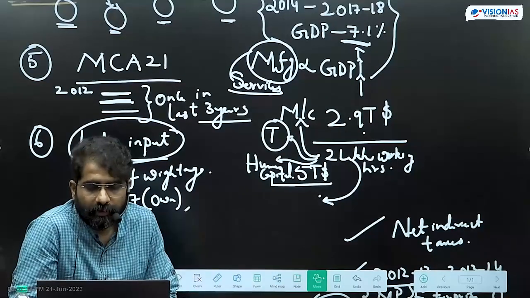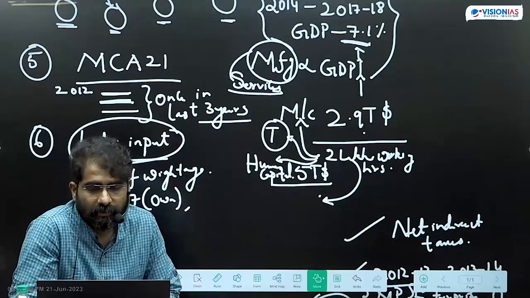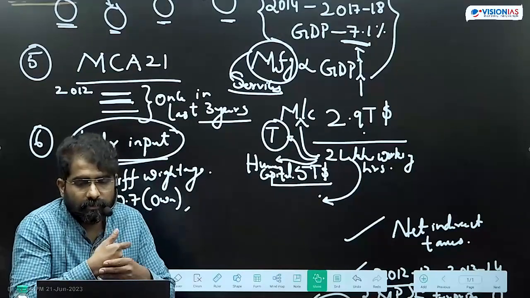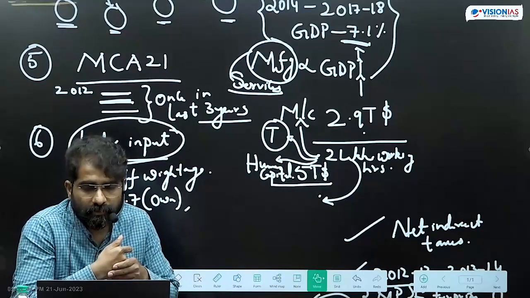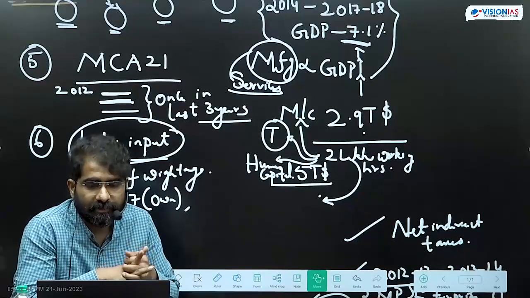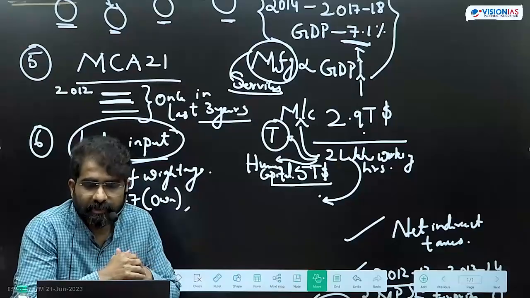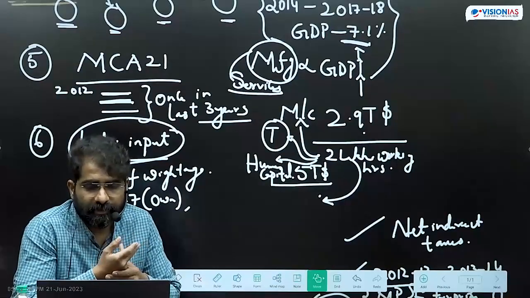Okay, next point. GDP at factor cost was replaced with GDP at market prices.